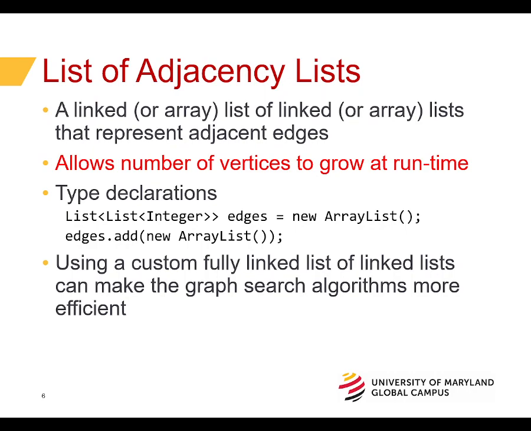The primary benefit of this approach is that it allows the number of vertices to grow at runtime. The basic declaration would be defined as a list of lists. Additional list instantiations would be required as every vertex was added. Using a custom fully linked list of linked lists can make the graph search algorithms more efficient.